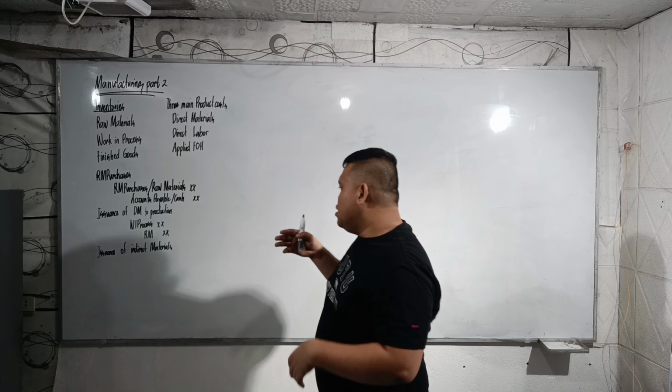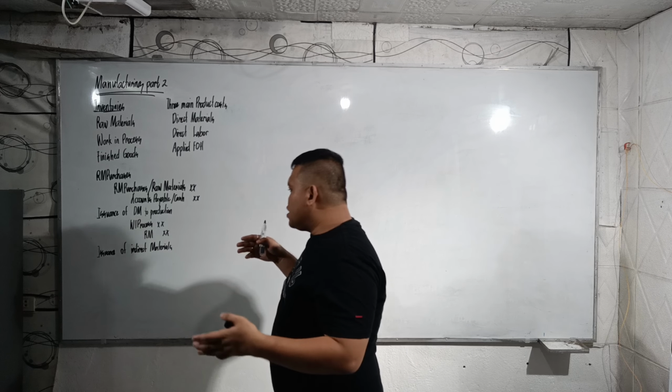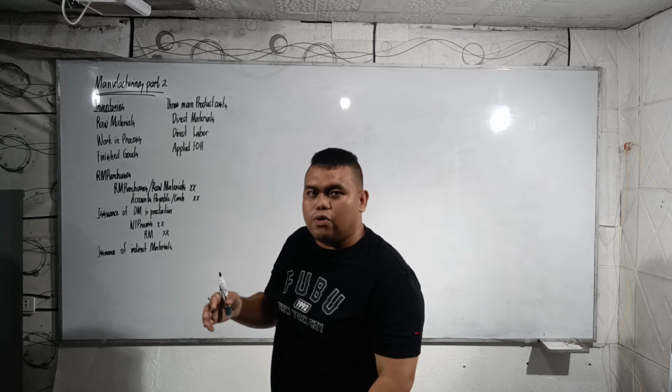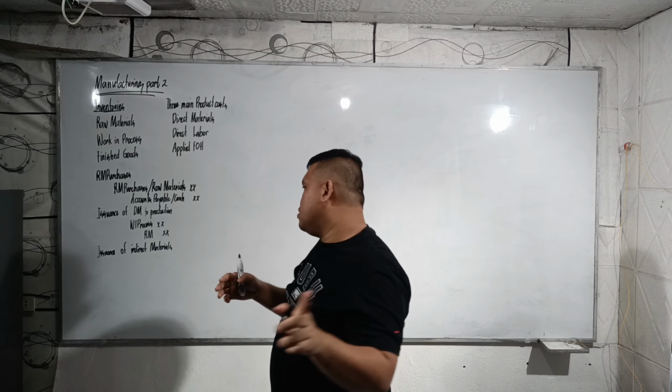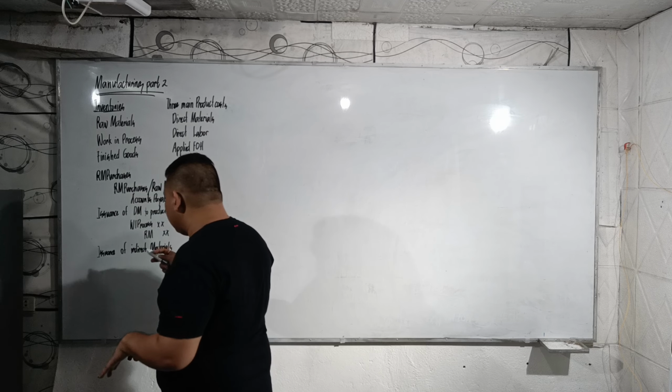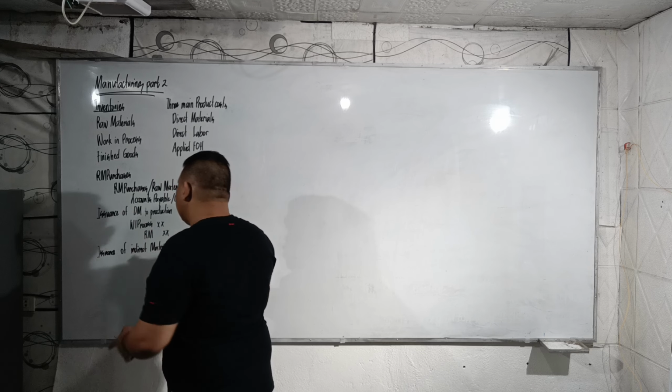Okay, now the planned cost or the applied factory overhead, we are going to compare it with the accumulated factory overhead later on at the end of the year. So on the issuance of indirect materials as part of the factory overhead here, we're not going to debit work in process.